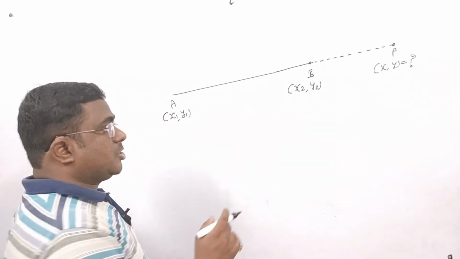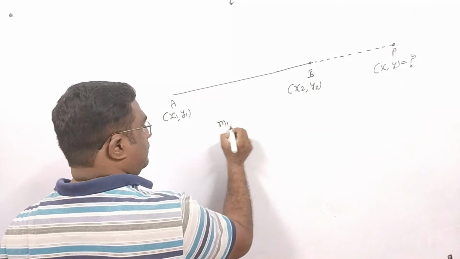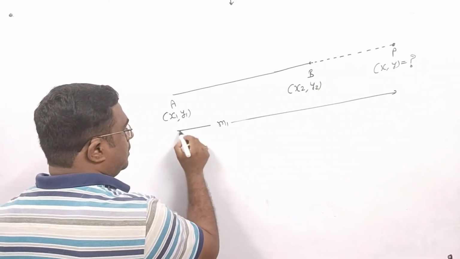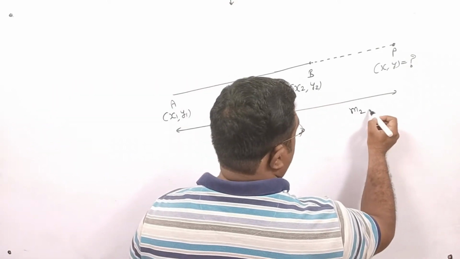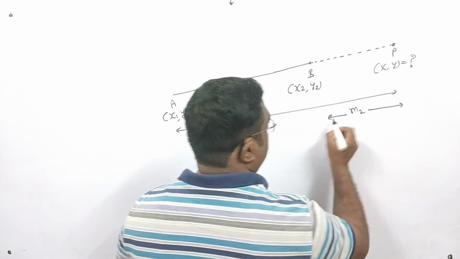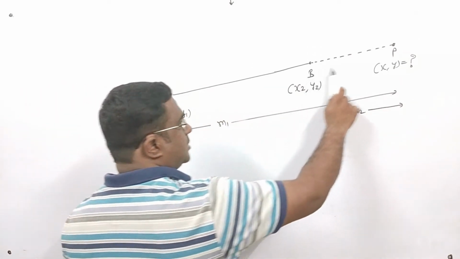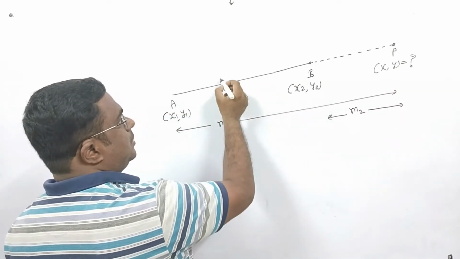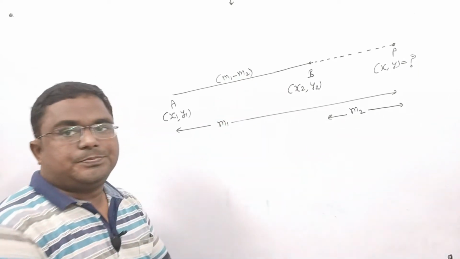Now let us consider the ratio. From A to P, I am taking the ratio M1, and from B to P, I am taking the ratio M2. So ratio wise, if this total ratio is M1 and this ratio is M2, then obviously this remaining part will be M1 minus M2.